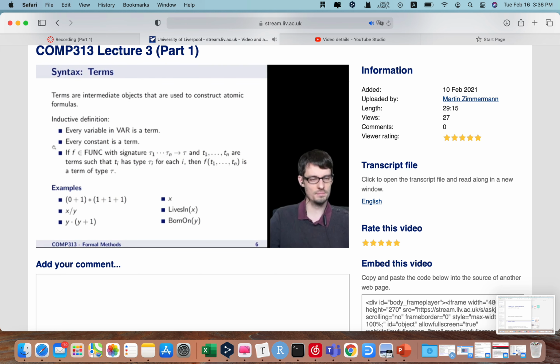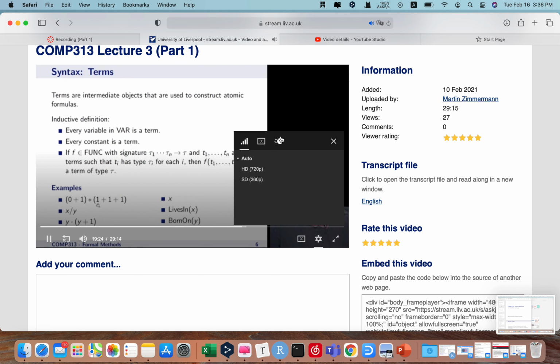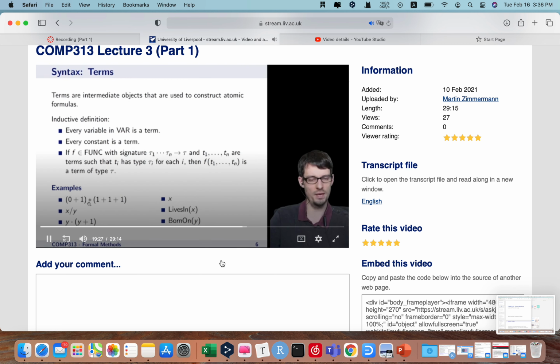Again, the definition looks a bit more complicated than the examples are at the end of the day. So for example, these here are all terms. Let's start with this one here. We had 1 and 0 as constants, so they are terms. And they have type R, reals, so I can apply the plus function to these terms, and I get a new term of type R. And then I can also apply multiplication, and I get a new term.